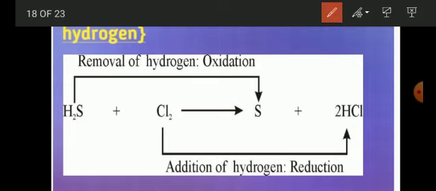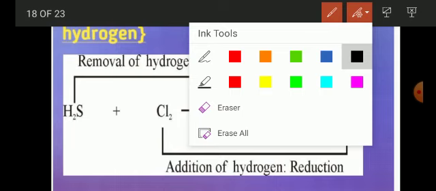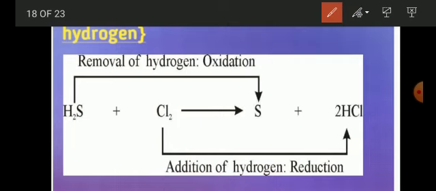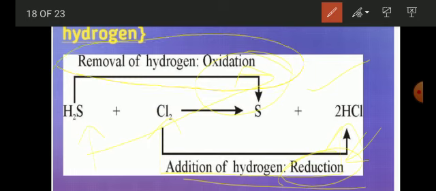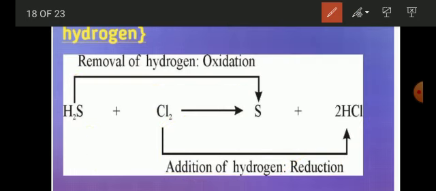As you can observe from this example, your hydrogen is getting lost and it is called your oxidation in this example. And here chlorine is getting added with hydrogen, which means it is reduction. Fine. So addition of hydrogen is your reduction and removal of hydrogen is your oxidation. So I hope that it is understood.